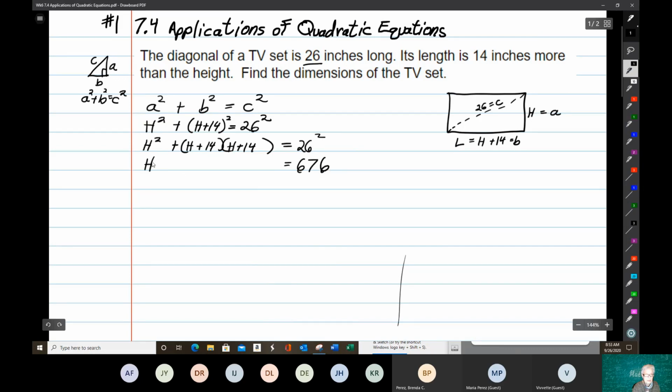Meanwhile, h squared plus h squared plus 14h plus 14h plus 14 squared is going to be 196. Don't know why I don't memorize that.